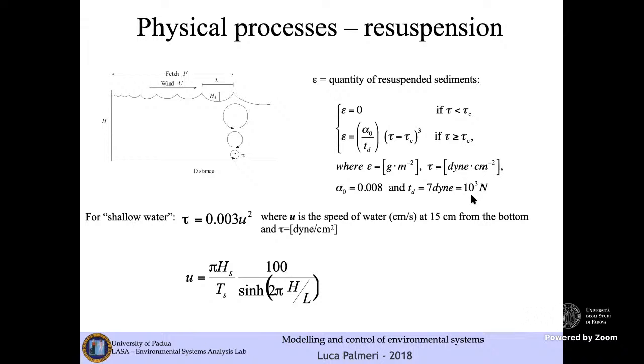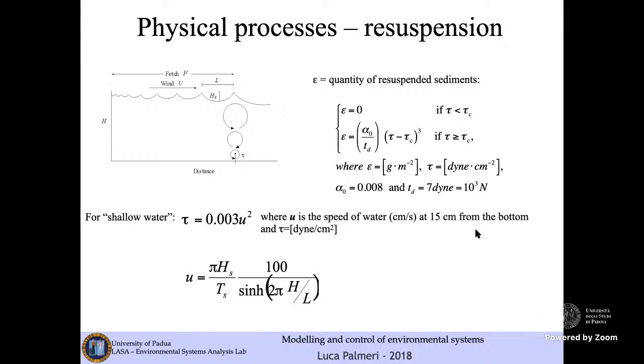We know that for shallow water systems, we may express the shear stress as a simple function of the speed of water. So we may write that the shear stress is equal to 0.003 times the square of the speed of water at 15 centimeters from the bottom.